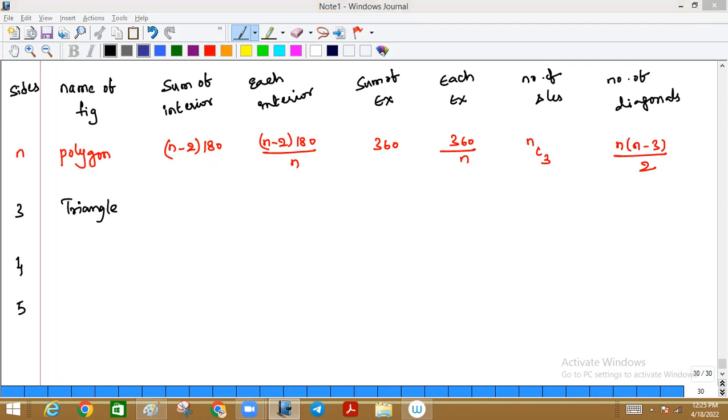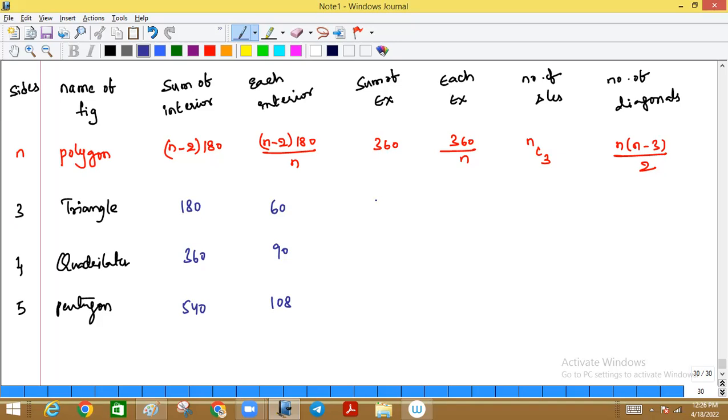Triangle, quadrilateral, pentagon. What is the sum of interior angles? 180, 360, 540. Each interior angle: 60, 90, 108.